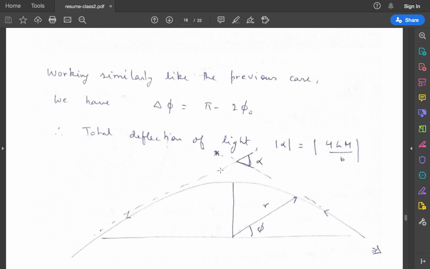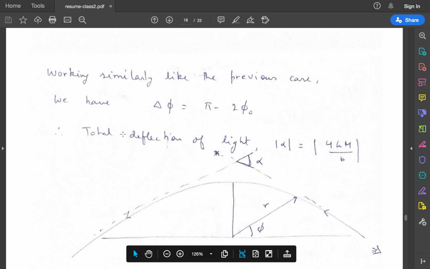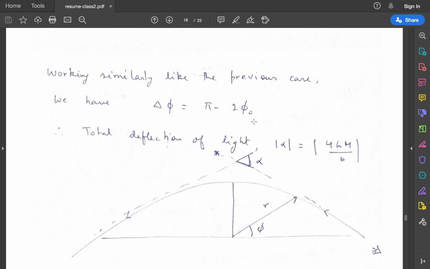Working similarly to the previous case, we want to check what the change in phi is as r goes from plus infinity to minus infinity. We see that the total change in phi, delta phi, is pi minus twice phi 0. Okay, and if the photon is going from plus infinity to minus infinity, the change in phi is twice phi 0.